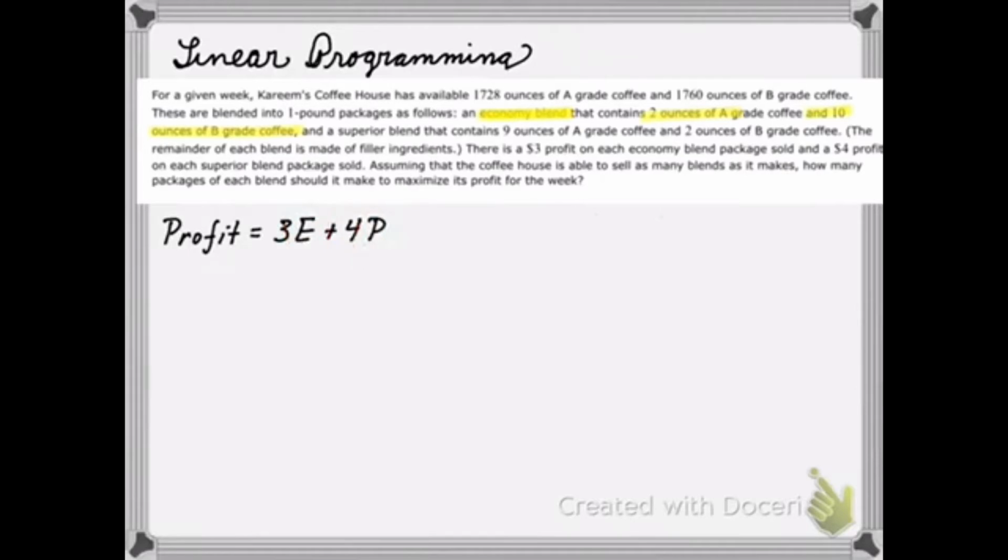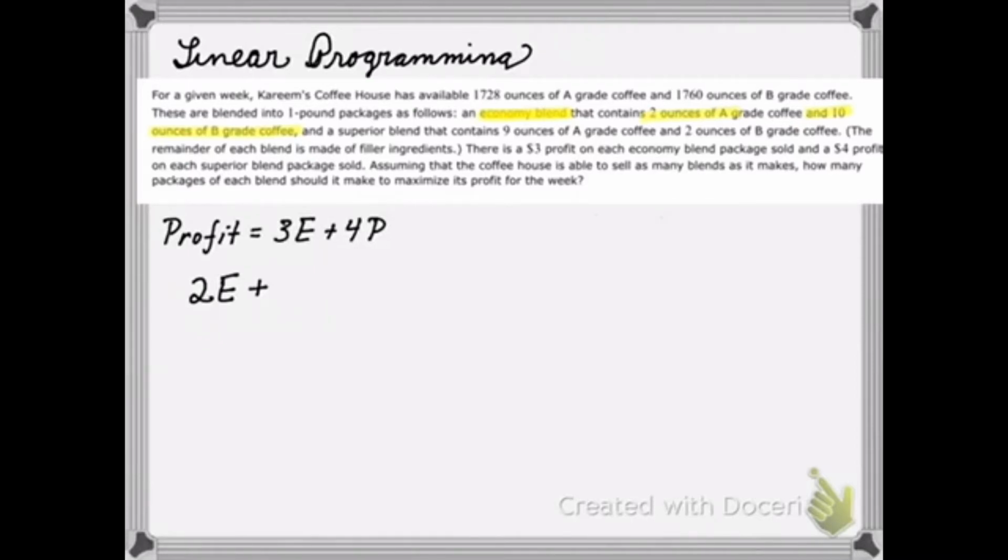So for each bag of the economy blend, 2 times E is how much grade A. 2 ounces per bag is how much of the grade A that I'm using in the economy blend.